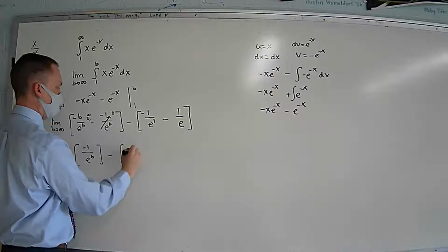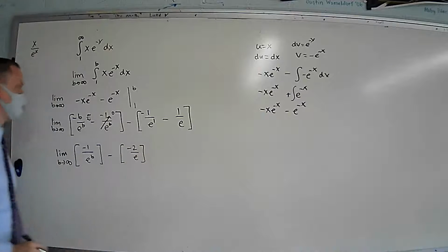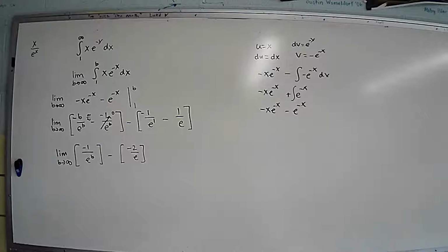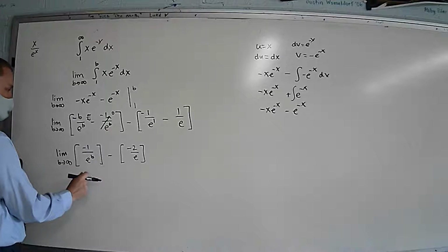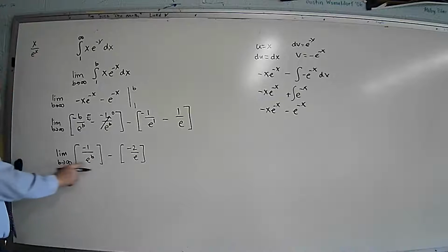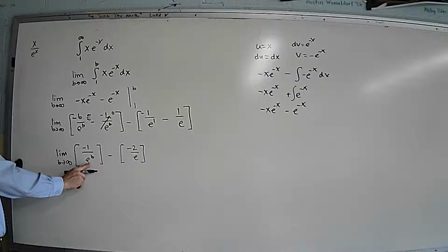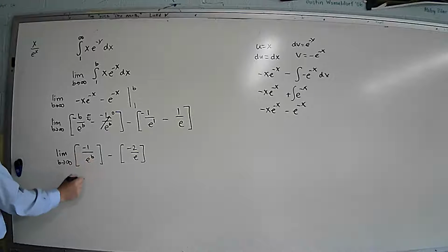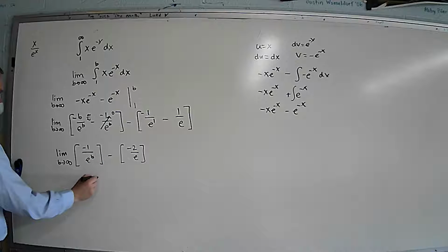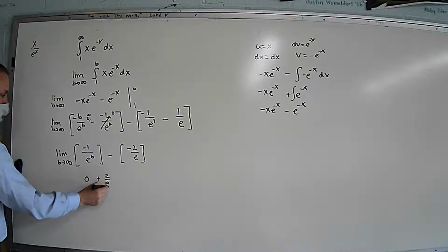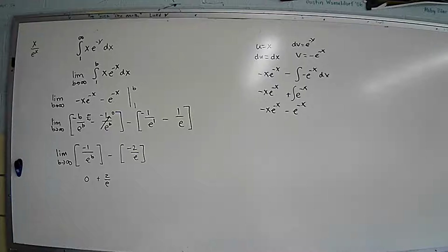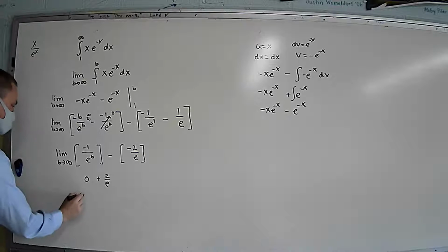That's -2 over e right there, right? So now we're here. As b goes to infinity, what's going to happen to this? This goes to 0. Minus -2 over e, so that'll be plus 2 over e. So what does this integral do? Converges.